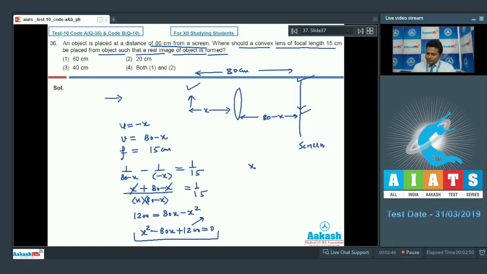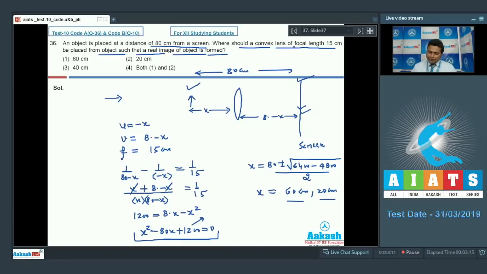So x, therefore we can write 80 plus minus under root b square minus 4ac, that is 6400 minus 4800 divided by 2, and after solving we will get the values of x as 60 centimeter and 20 centimeter, where x is the object distance.